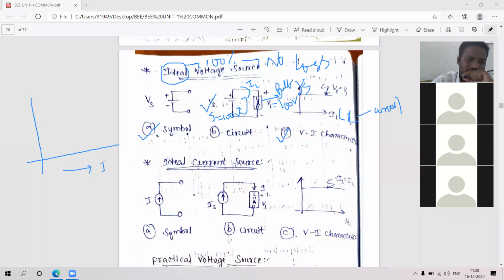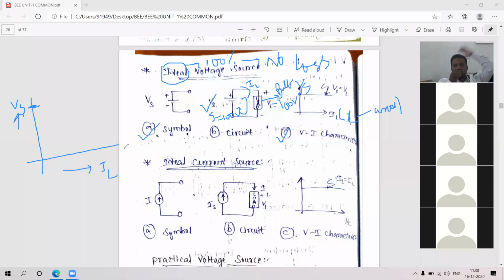This is load current and this is source voltage. As the load keeps changing, suppose the bulb is glowing and in flickering mode, the current may change, but the voltage consumed by the load will be the same, because in the ideal case there is no loss.